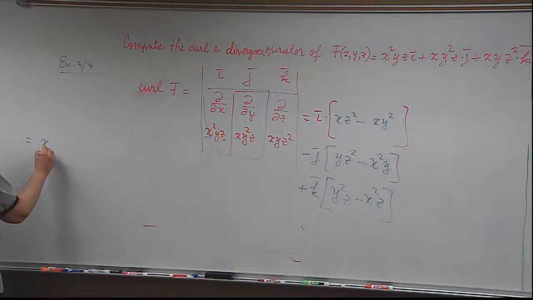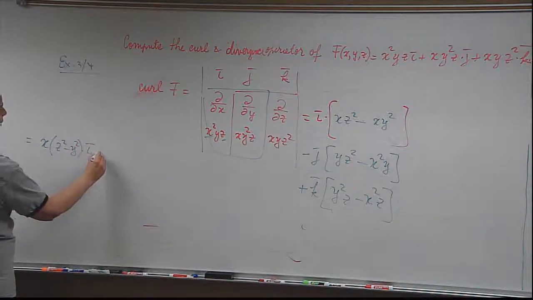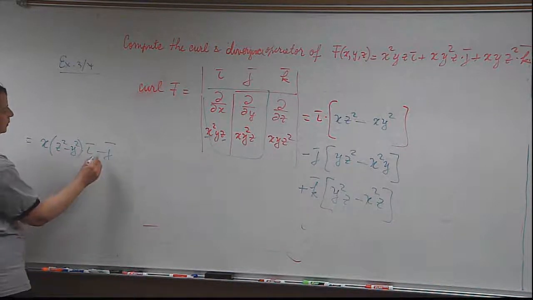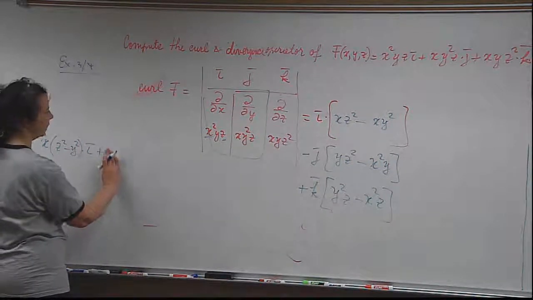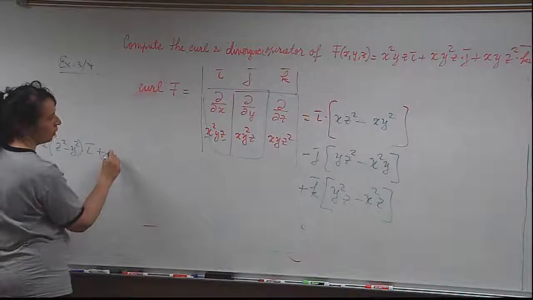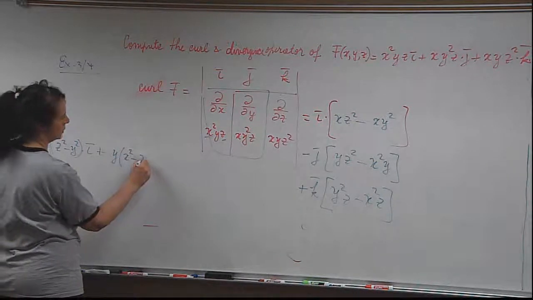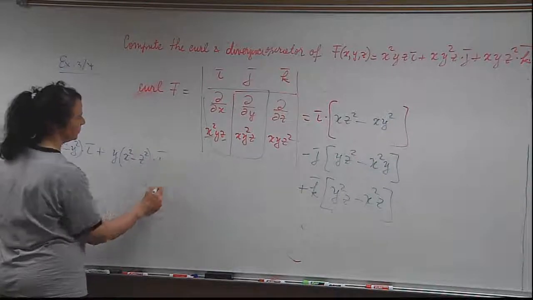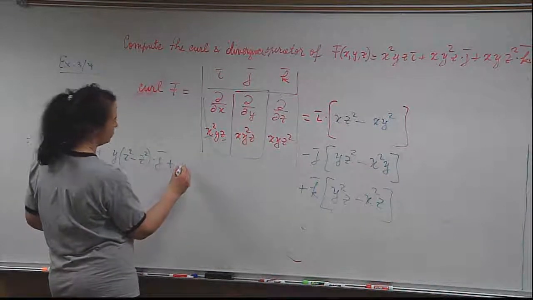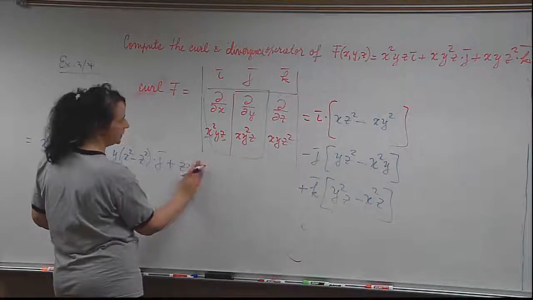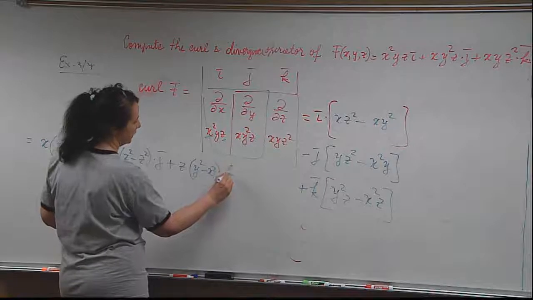How about x times z squared minus y squared i minus j, or maybe better plus j, I'll change the sign, plus j at the end, because it's the vector, y times x squared minus z squared j, plus, who gets out? z, okay, z times y squared minus x squared, okay.